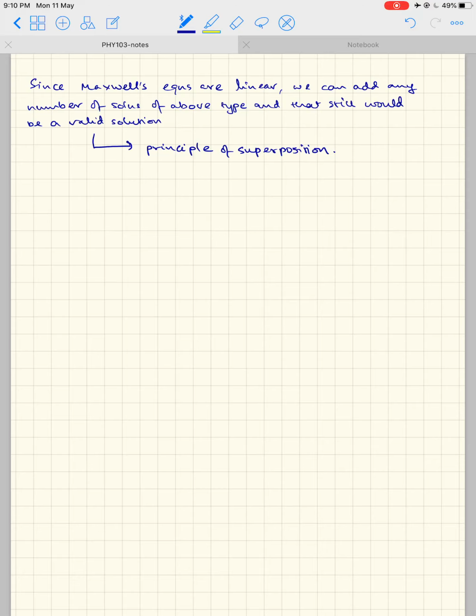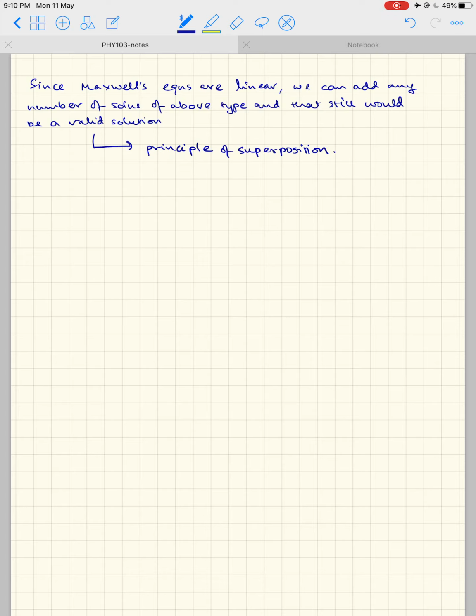This is also a particularly important property in the context of light, because this is what allows light rays traveling in different directions to pass through each other. And very importantly, if you wish, this is why we can see all that we can see.